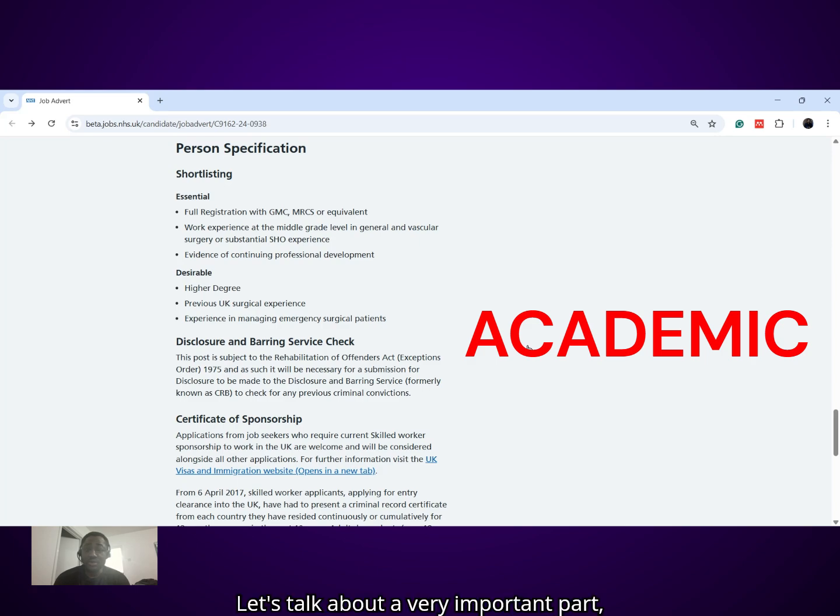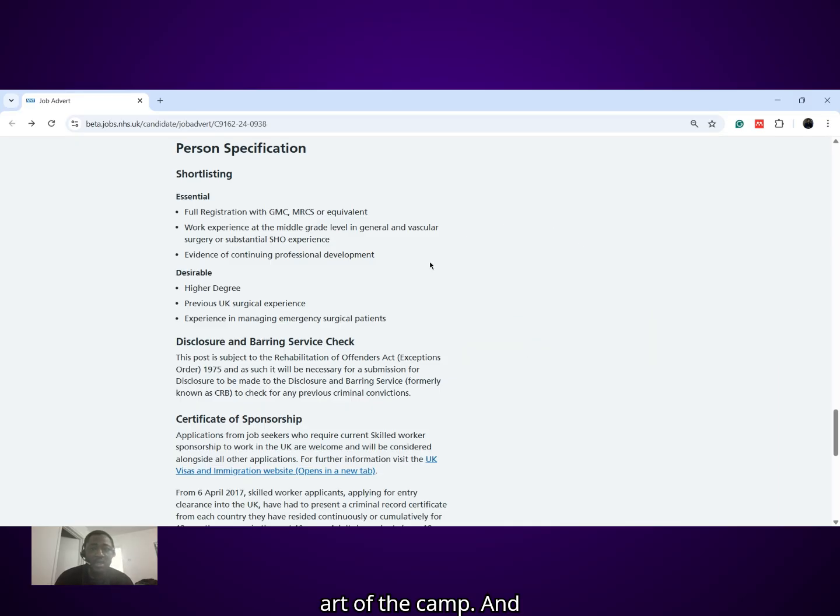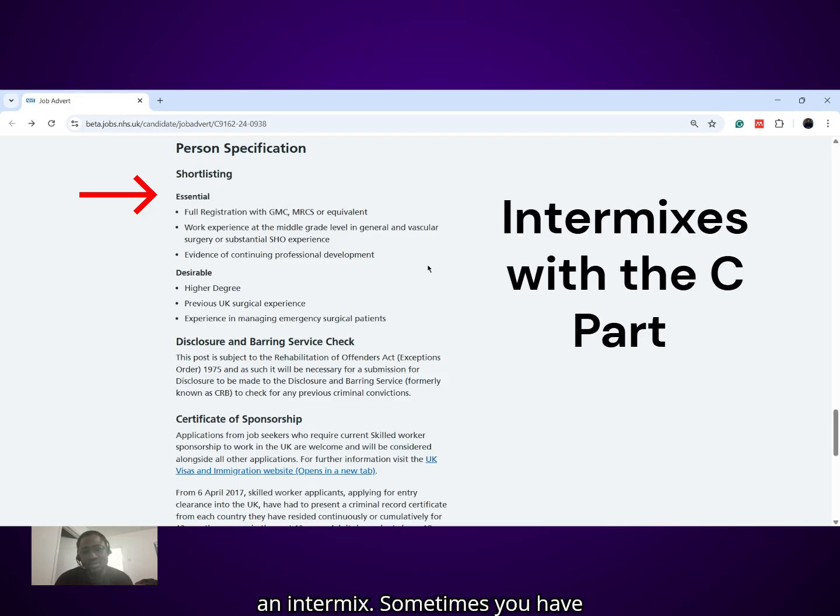Let's talk about a very important part. This part of the interview is the academic part. And here it's very important to address a few of the things that would typically fall in the A part of the CAMP. And that would be things like registration with the GMC, professional qualifications like the MRC or equivalent. And here, of course, there's an intermix. Sometimes you have work experience.